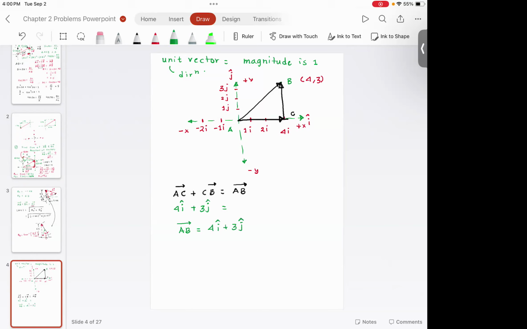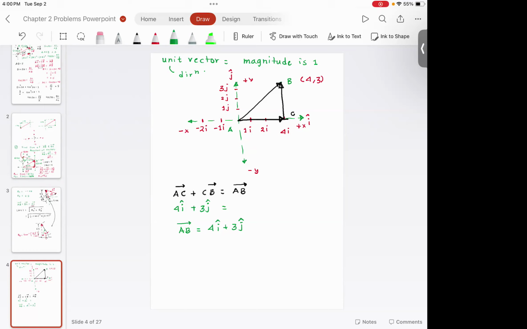You agree with me? Now, when you express vectors in terms of i's and j's, you know that 4 is the component of AB on x-axis. 3j is the component of AB, 3, on y-axis.